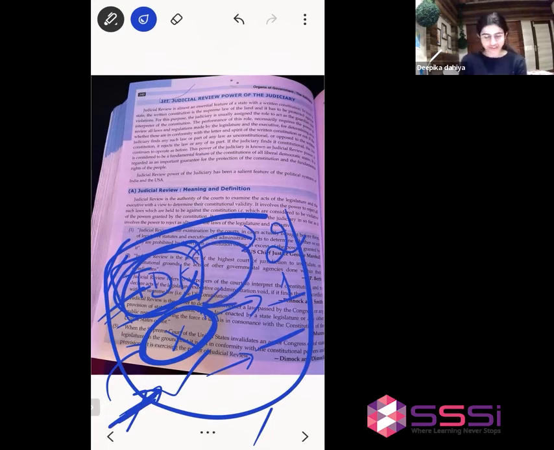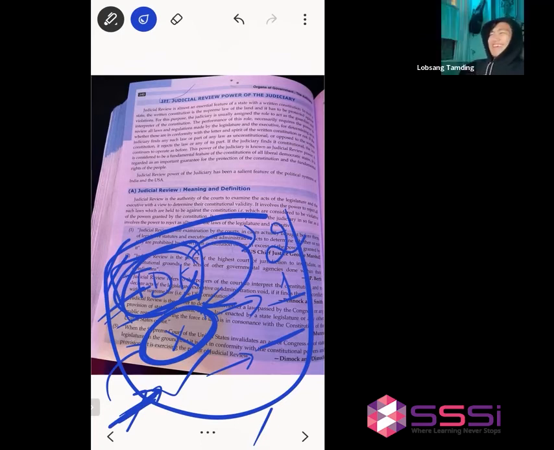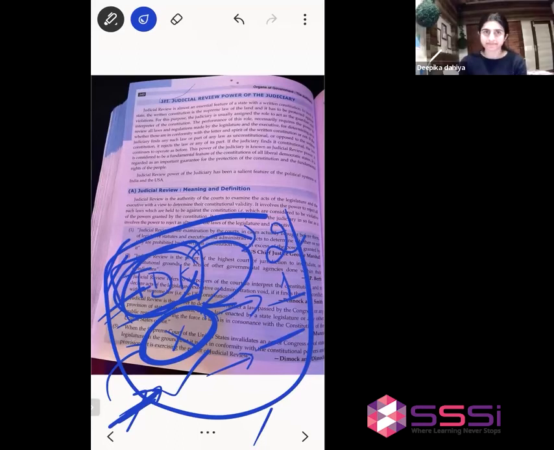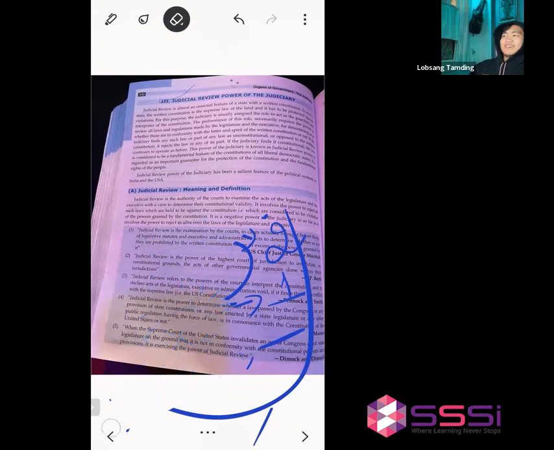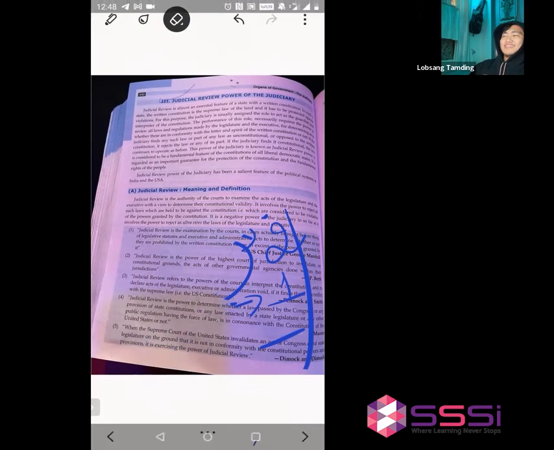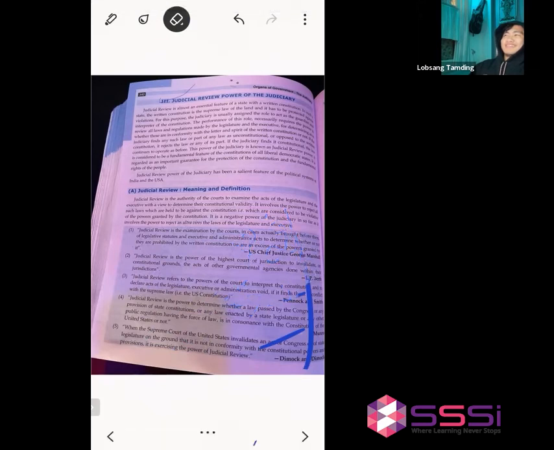Okay, so tell me, what is judicial review? Whether it's a two or one, it depends on you. Ma'am, it's a power which the judiciary has, and if a law is made, it has the direct power to either deny it or approve it, whether that law will come in power or not.